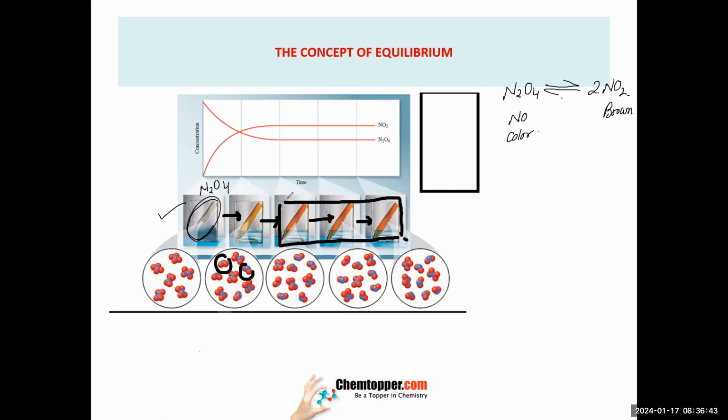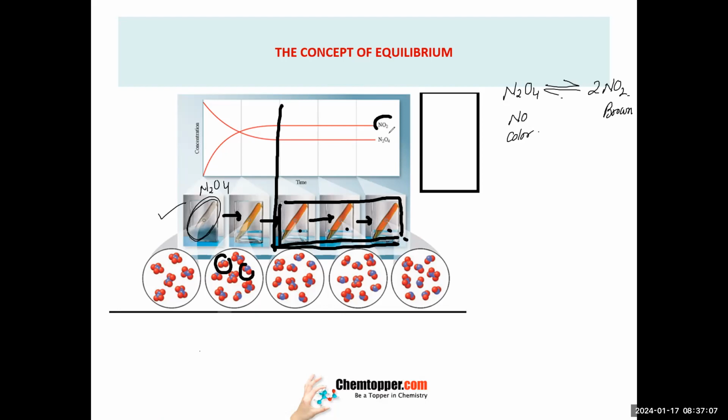The question is, after this time, there is no change in the intensity of the color. The color intensity is the same. It's not increasing or decreasing. The question was why? Because there is no change.